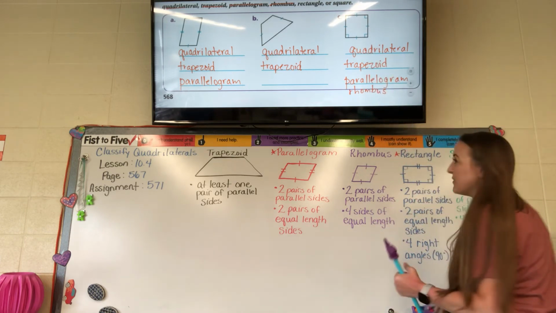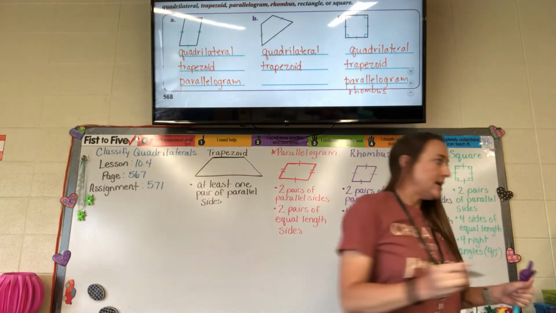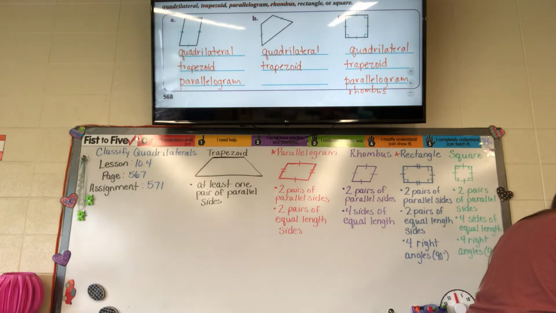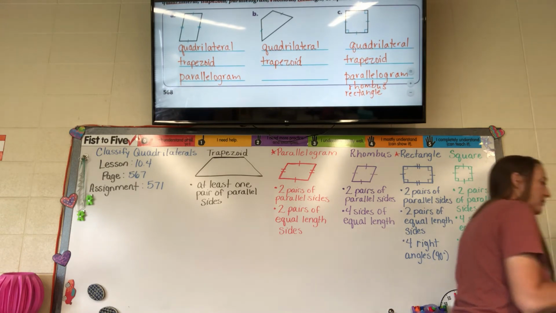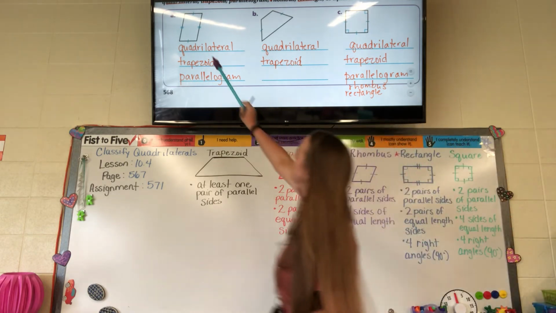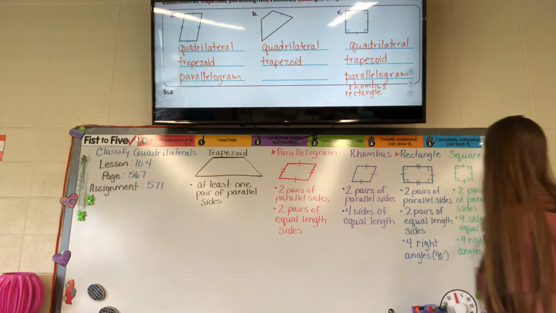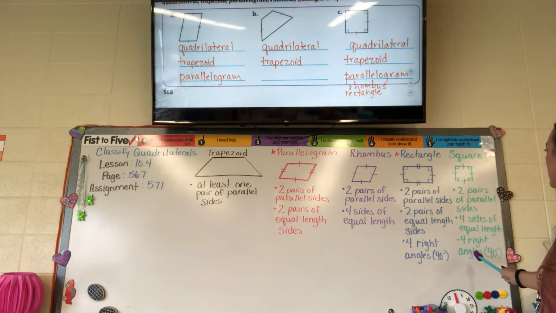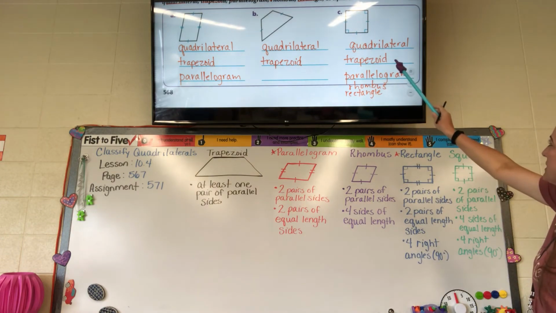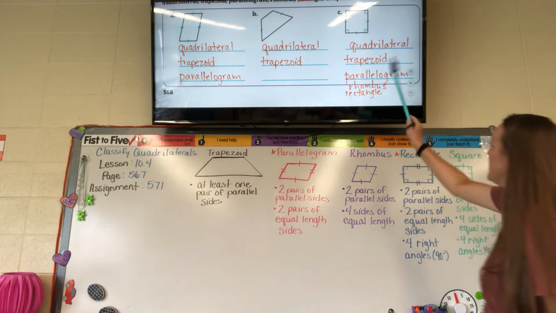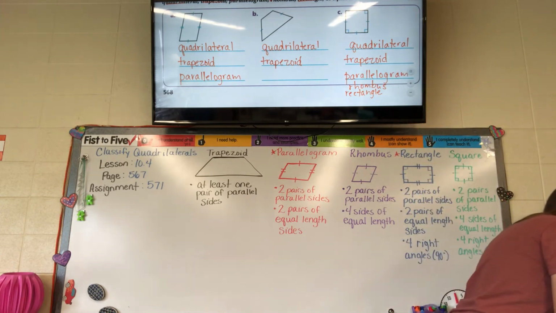So that guy is also a rectangle. And then the last one is a square, and just like the rectangle, the square has to have four right angles, only this guy does, and two pairs of parallel sides, which it does, four sides of equal length, which it does. So this guy is also a square.